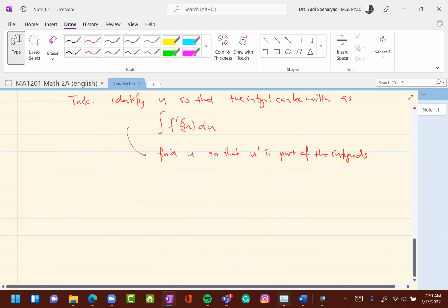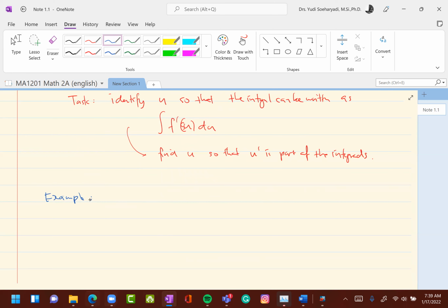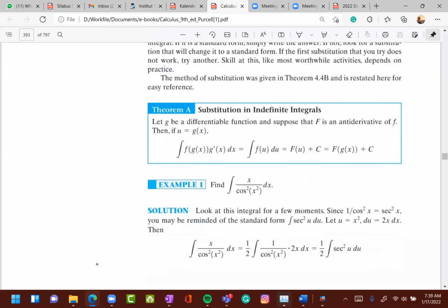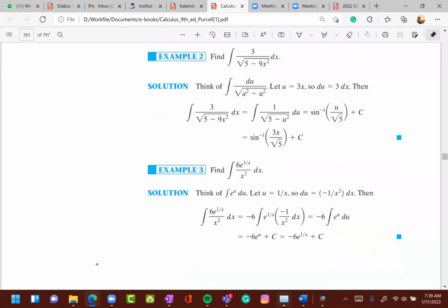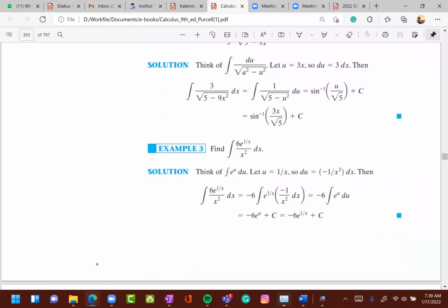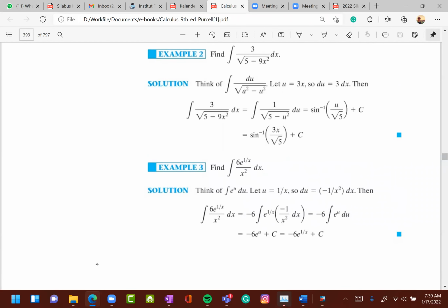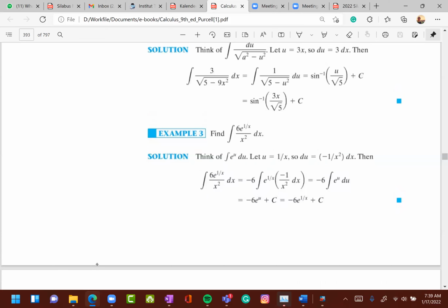Okay, so let's do some example. Here, let's pick integral 6.